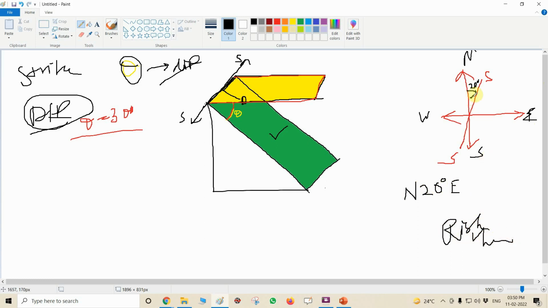Because you could ask, sir, we can also show this angle like this, and take the angle from here too, but always consider the right hand rule like this. Okay, these are not taken. So by following the right hand rule, it's making a 20 degree angle with the north. So I'll write the strike is 20 degrees east.